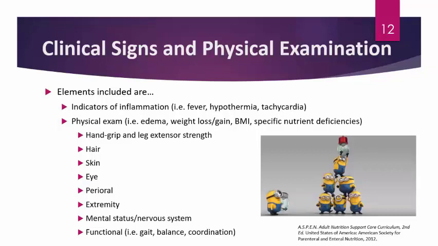For example, if you did a hand grip and leg extensor strength test on a patient to assess what the level of their strength is, it may not necessarily be the one indicator that they have bad nutritional status. Or, for example, say if you see that they have thinning hair or a change of hair color that may be different from when you saw them last. It may not necessarily be an indicator of nutritional deficiency. Maybe they're just getting old and their hair is thinning.